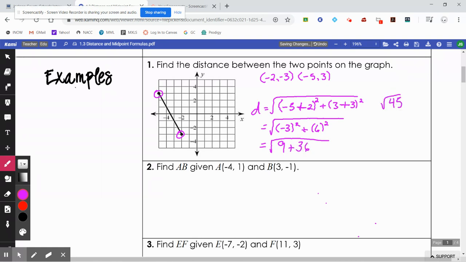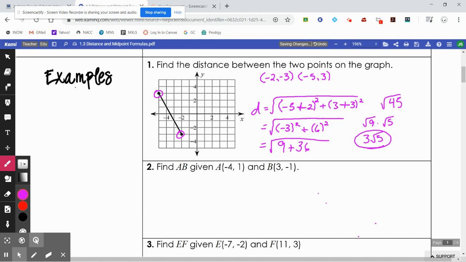And anytime we do these, there's 2 different ways we can leave our answers. The first method, we could actually find the exact value, root 45. We can split that into the square root of 9 times the square root of 5. And if you don't remember why I'm doing this, you can go back and review how to simplify radicals. Square root of 9 is 3. The square root of 5 we leave, so that'd be 3 root 5.